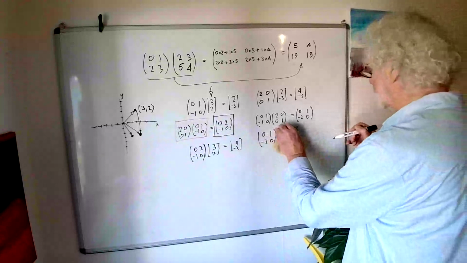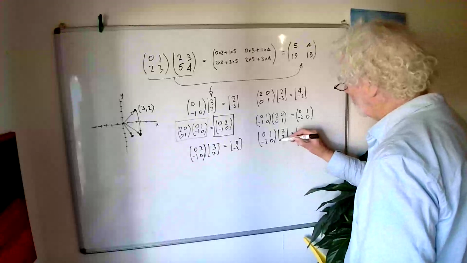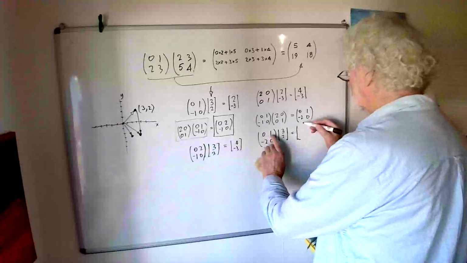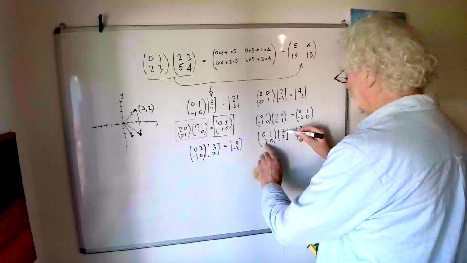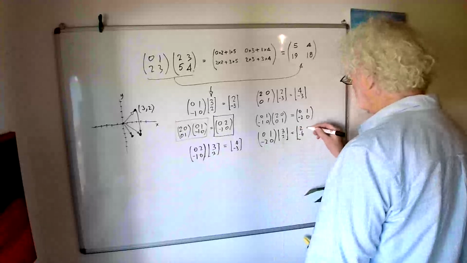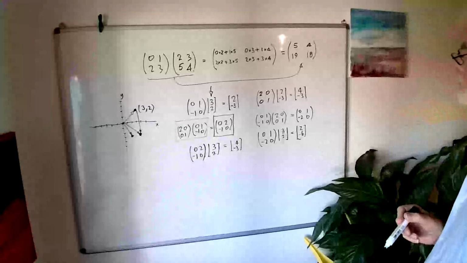This is not right. 0, 2, minus 3, minus 6, and that.